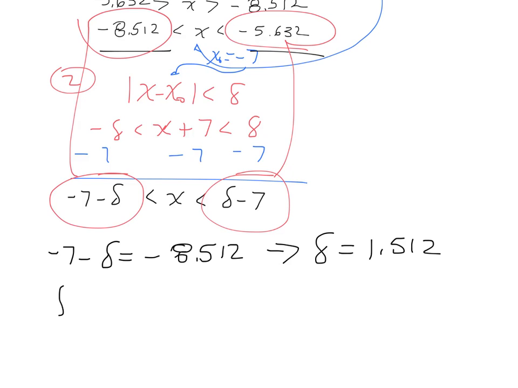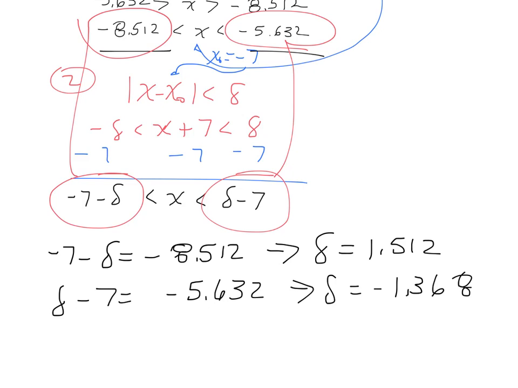Then delta minus 7 equals negative 5.632, so delta equals negative 1.368. Again, it's absolute value, so that's without the minus sign. When you answer the question, delta is the distance, so we get 1.368, and that's your answer.